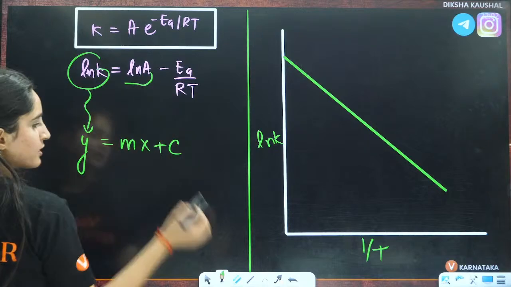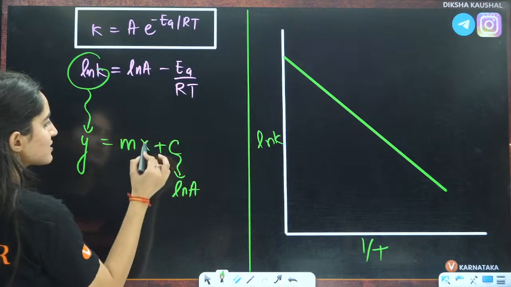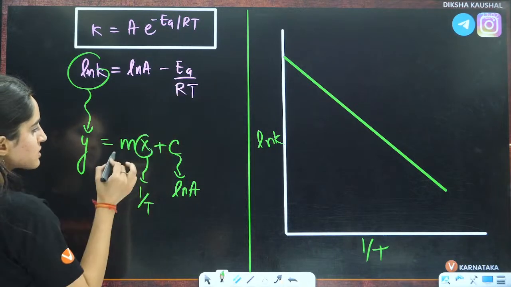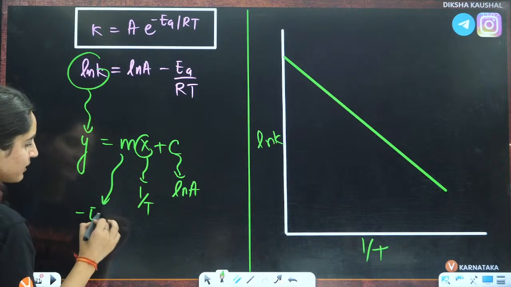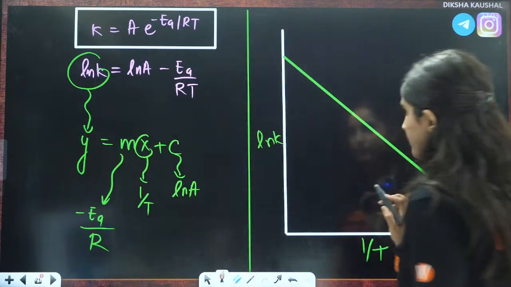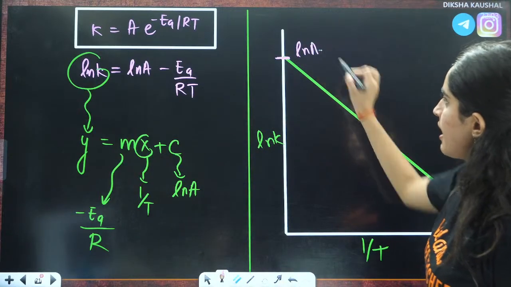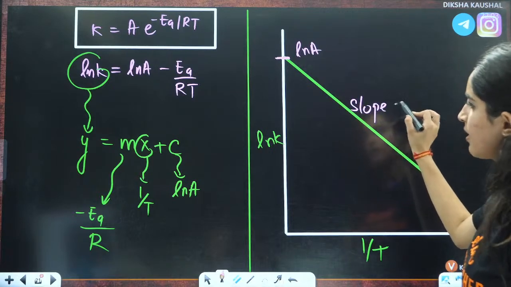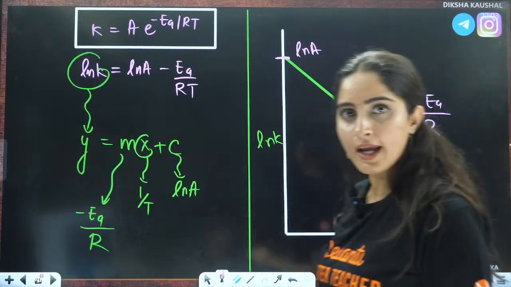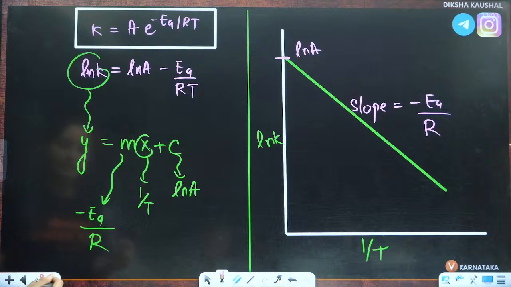The intercept is ln A. What is x? x is 1 by T. So the slope will become minus Ea by R. So here the intercept is ln A and the slope is minus Ea by R. These are the graphical questions that they can ask you.